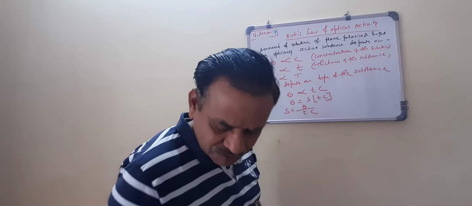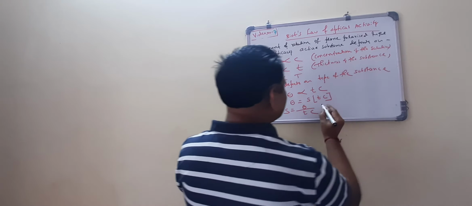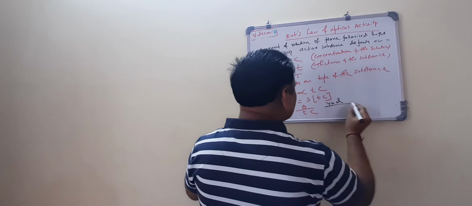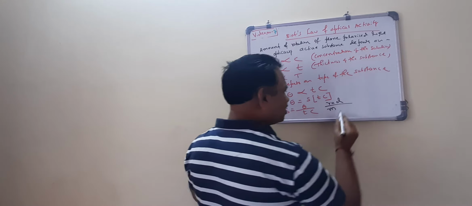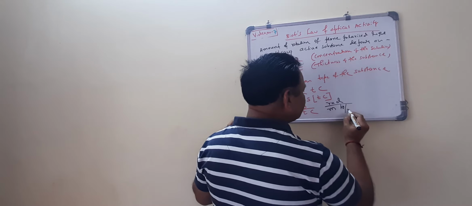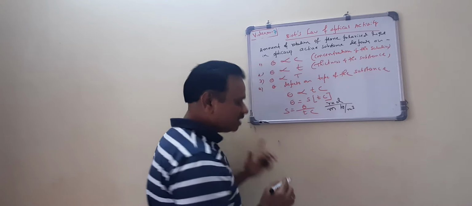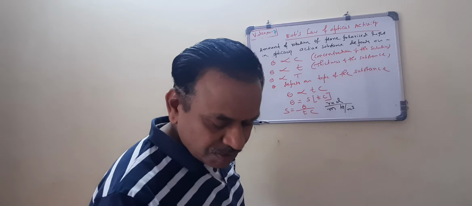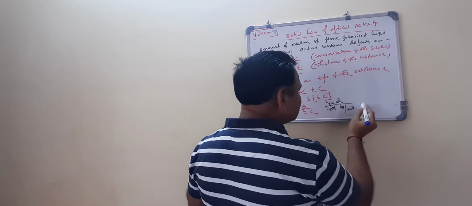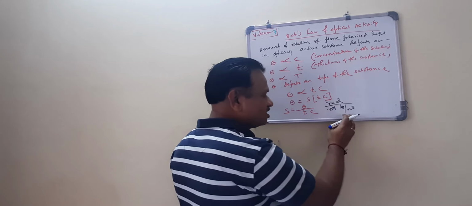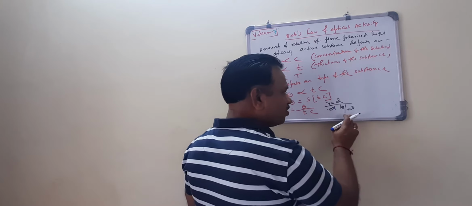What is the unit here? Theta's SI unit is radian. Thickness is in meter. Concentration is measured in kg per meter cube. Here, kg per meter cube means one meter and one meter get cancelled, and m to the power of 2 is left.